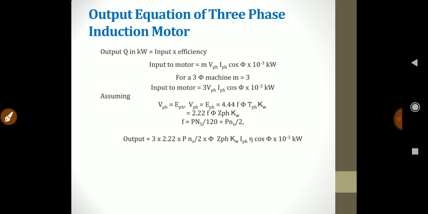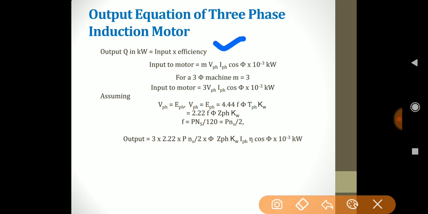So the output becomes equal to, at the start only we have written this. I am going to put all the values in the equation here. Output of 3-phase induction motor is equal to input into efficiency. That was the formula. The input of the motor is converted by putting the values.